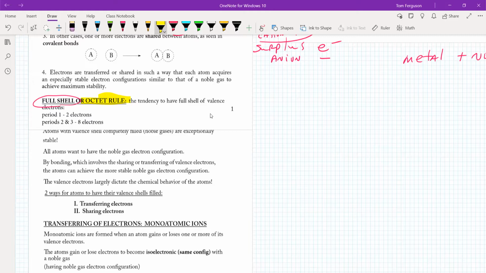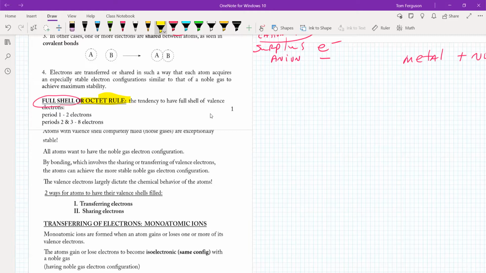full shell. For example, in period 1, you can't have 8 electrons because there aren't enough. It's hydrogen and helium, and the maximum helium can have, which is a noble gas, is only 2. So that octet rule is inapplicable to period 1. But the full shell rule does apply.